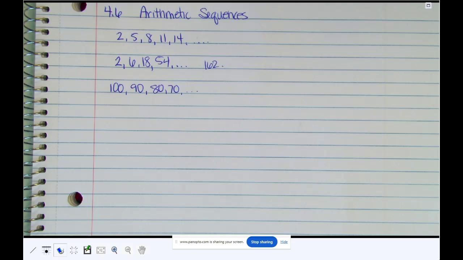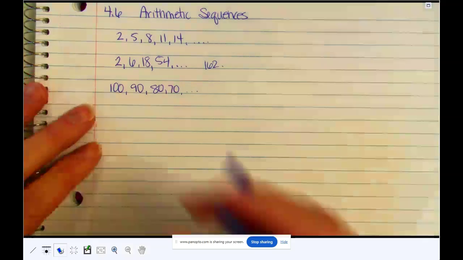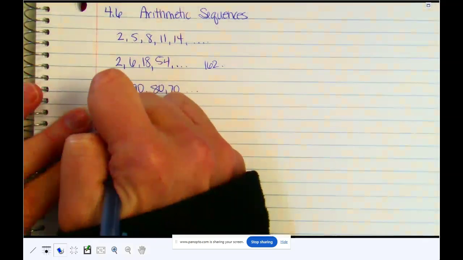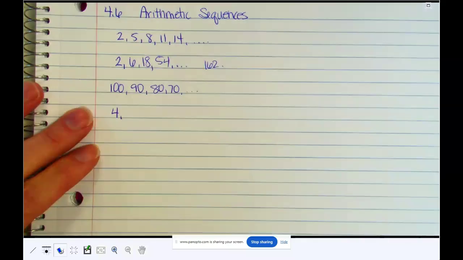Owen, what is it? 60. How do you know? Because it goes 100, 90, 80, 70, 60. Follows the pattern. What is it doing? Going down by 10. Yeah, subtracting 10, right? Subtracting 10. Okay.